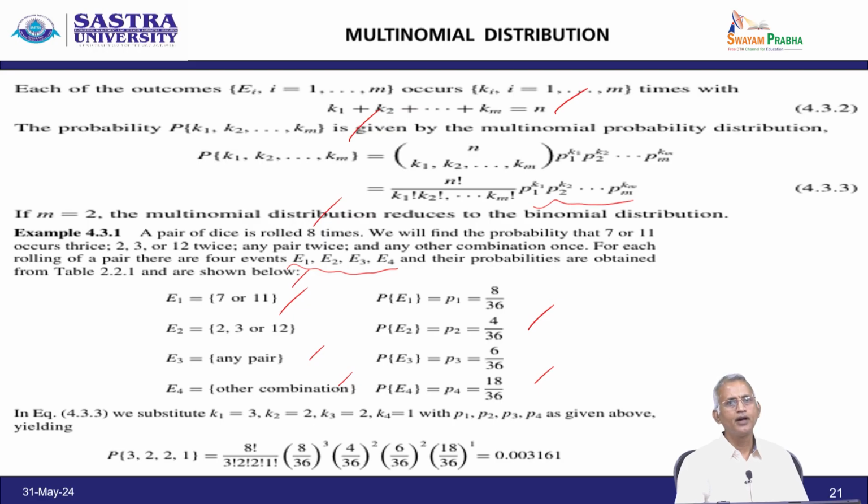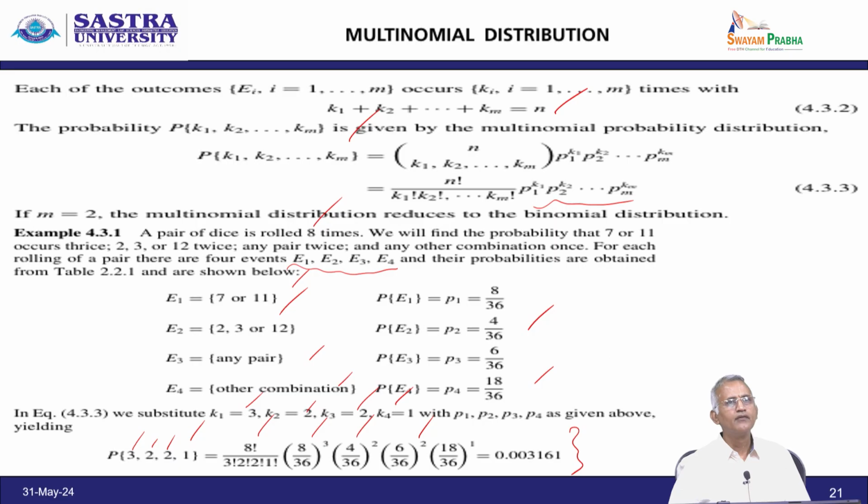So, in equation 4.33, substitute k1 equal to 3, k2 equal to 2, k3 equal to 2, and k4 equal to 1. Therefore, the probability of 3, 2, 2, 1 is equal to 8 factorial by 3 factorial into 2 factorial into 2 factorial into 1 factorial, into (8/36)^3, for the second event (4/36)^2, then (6/36)^2, and (18/36)^1. After simplification, we have 0.003161.